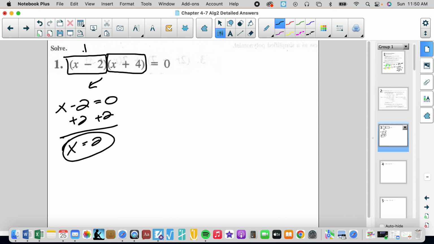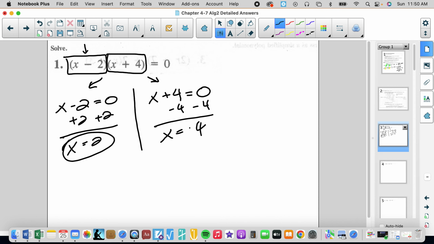When x equals 2, this value inside the parentheses becomes 0, which would make the product 0. And then we ask, what value for x would make the other binomial 0? Well, when x equals -4, that will make it 0.